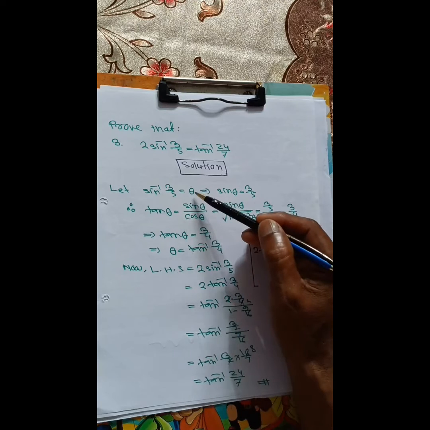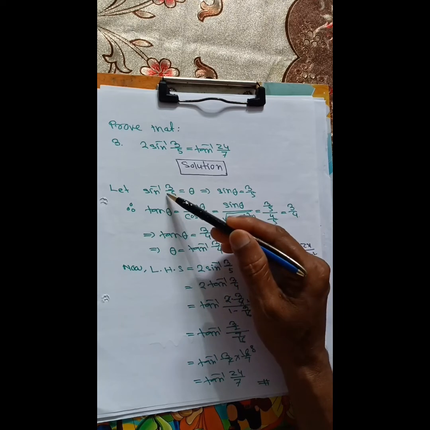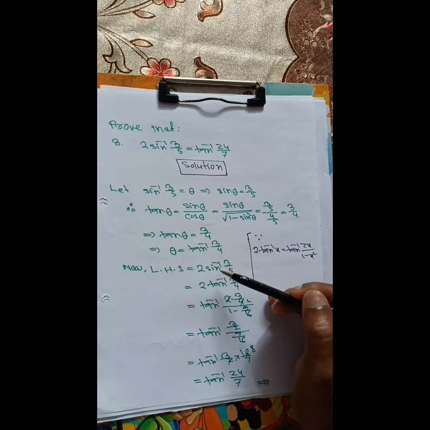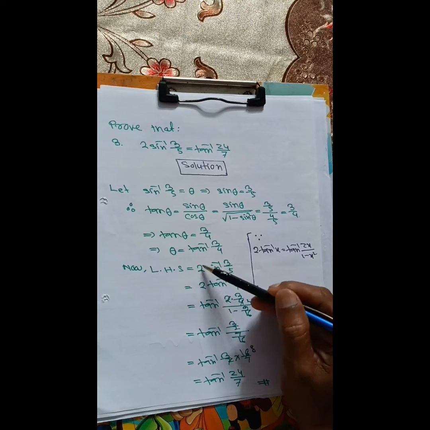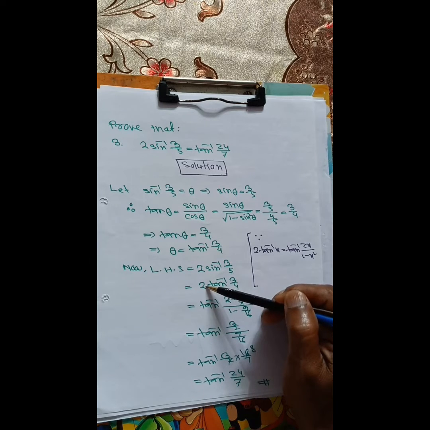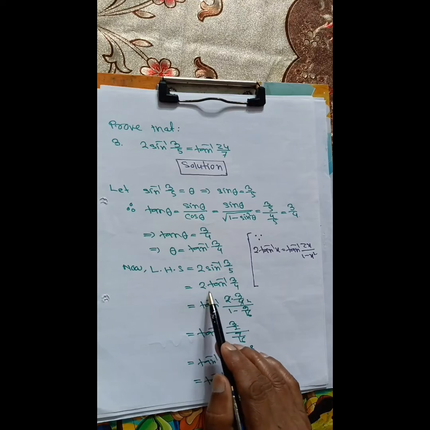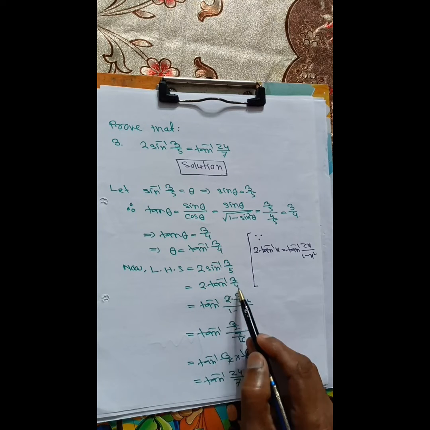That means tan theta are the same, so this equals this. So in place of sin inverse 3/5, we can write tan inverse 3/4. 2 is there, so 2 is there. Now we get 2 tan inverse x.